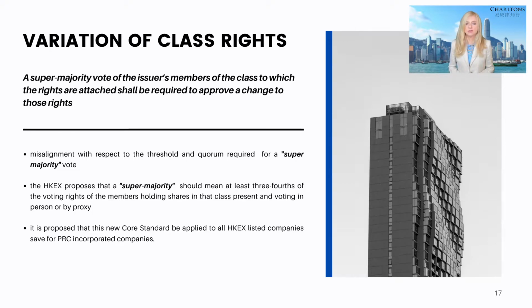For existing Hong Kong Exchange-listed companies which are currently subject to the JPS Key Shareholder Protection Standard, which defines a supermajority vote as a 2/3 majority, the Exchange does not intend to impose a higher threshold on these companies. These companies will be considered to be in compliance with the core standards if they satisfy the requirements that apply to them on listing and will not need to amend their constitutional documents to comply with the proposed core standard.